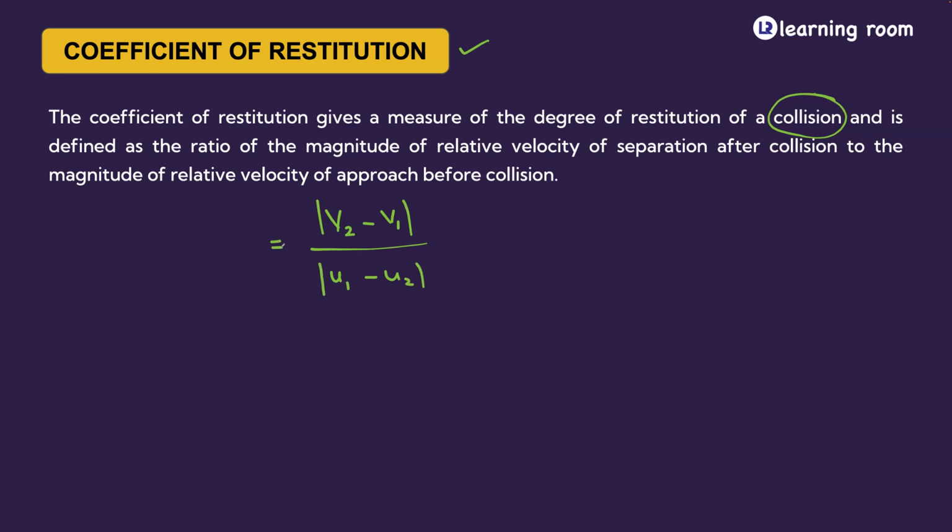And this is what we call the coefficient of restitution. Now let me state this: it is defined as the ratio of the magnitude of the relative velocity of separation after collision to the relative velocity of approach before collision, and it is represented by the symbol e. So make a note of this definition.